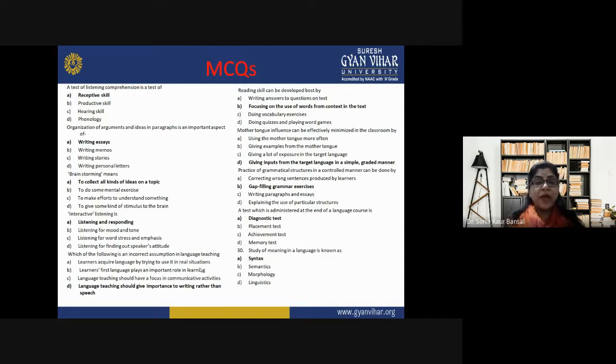Through this method, the grammatical structures are practiced in a more effective way. A test which is administered at the end of a language course is called a diagnostic test. Okay, students. So study of meaning in a language is known as syntax. So this is called syntax.